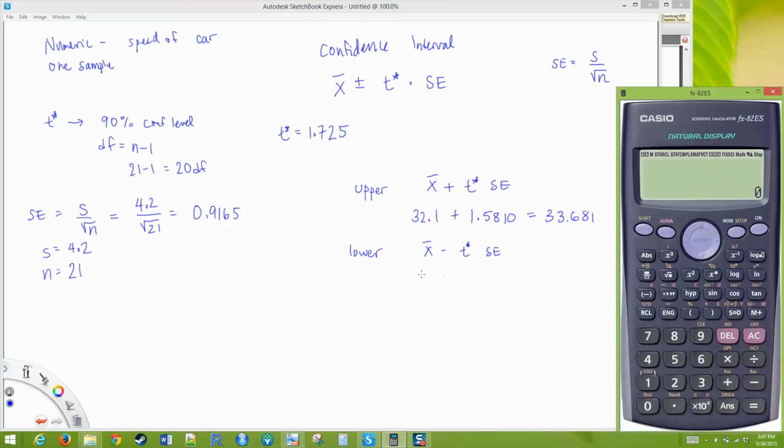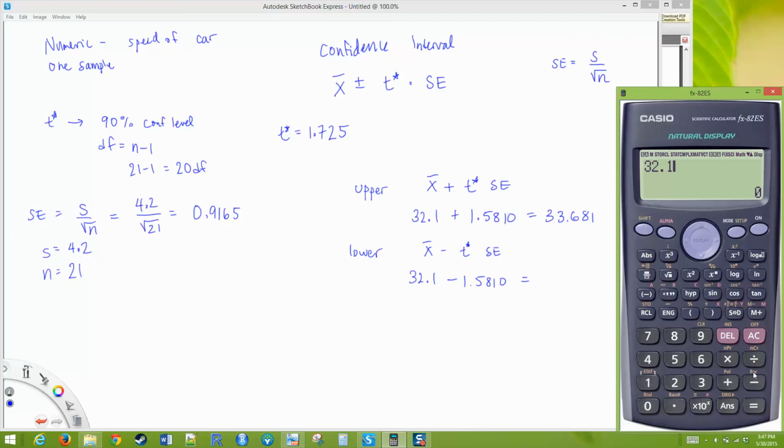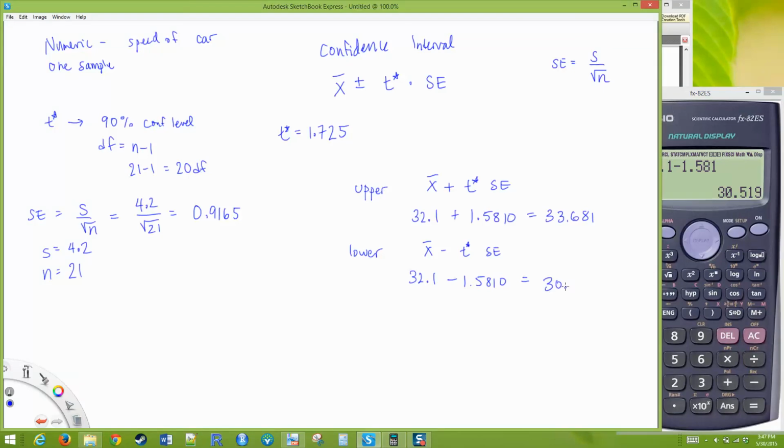And just for completeness, I'm going to do 32.1 minus, this product is going to be the same, 1.5810. So 32.1 minus 1.581, and I get 30.519. Anyway, the question was asking what is our upper bound, and we have 33.681.